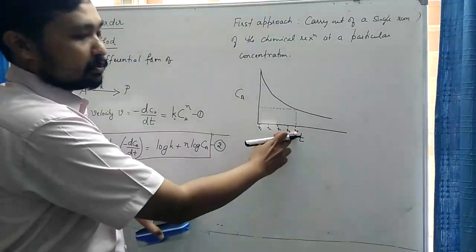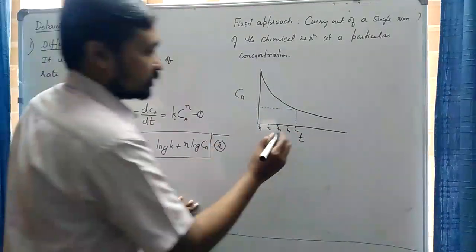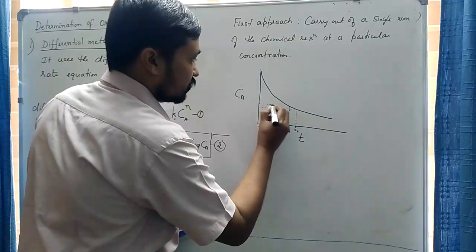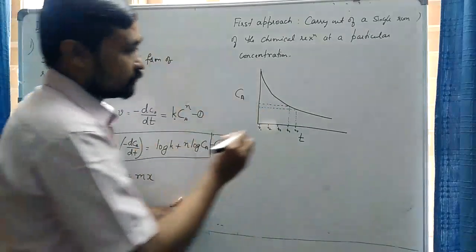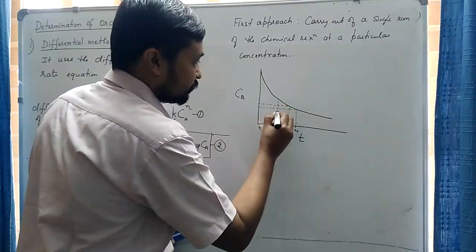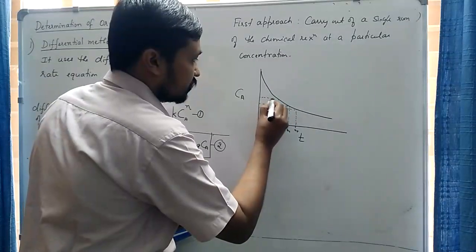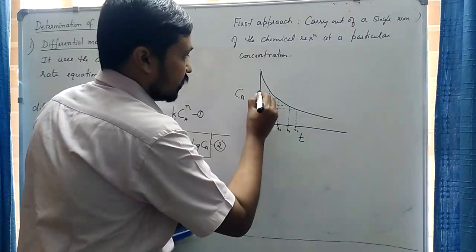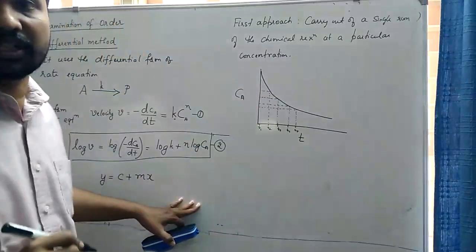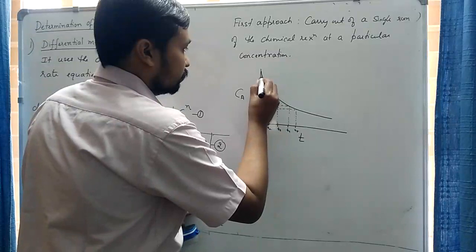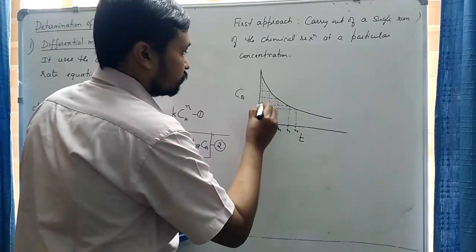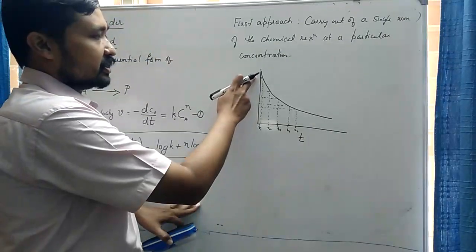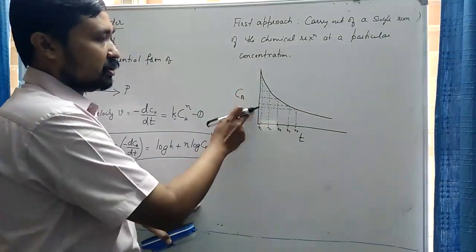At time t5 this is the concentration of the reactant, at time t4 this is the concentration, at time t3 this is the concentration, at time t2 this is the concentration, and at time t1 this is the concentration. So you can write it as Ca1, Ca2, Ca3, Ca4, Ca5.